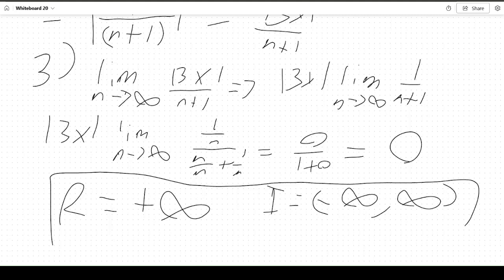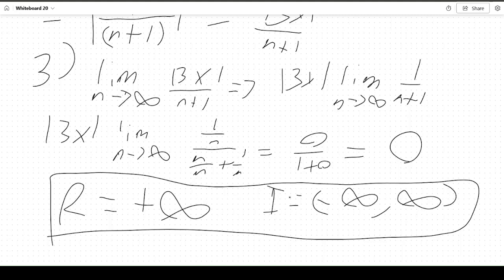So when you're doing the power series, you have to find the radius of convergence and the interval of convergence. For every problem where you take the limit and get 0, the radius will be infinity, and the interval will be negative infinity to infinity. So it converges for all real numbers. But this only works for 0. So this is the final answer for this problem.